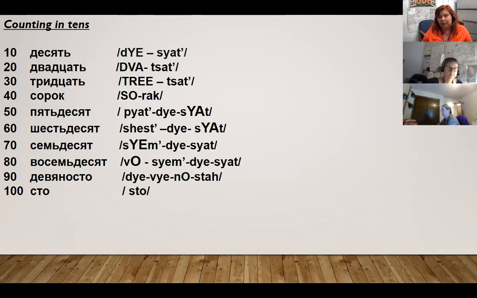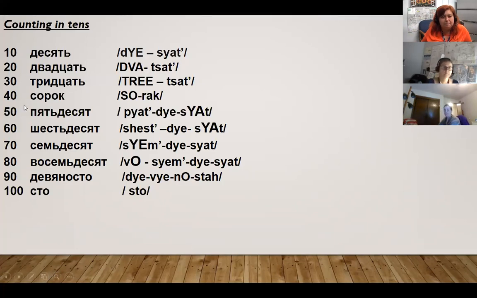And there's another version that сорок actually meant 40 fur skins, animal skins, animal fur, and they were selling the furs in batches, 40 in each, and that's how it became to mean the number 40. But there are several different versions, and nobody can prove or disprove any of them.